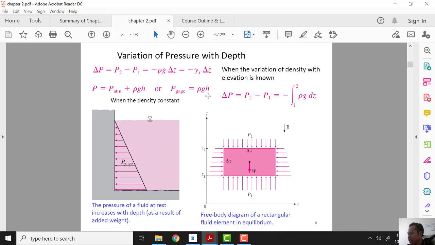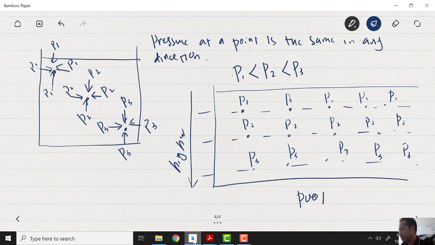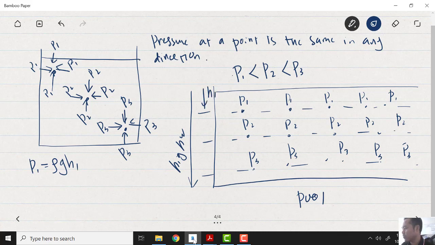The pressure in water, for example, is equal to rho g h. Here we have H1, another H2, and here H3.